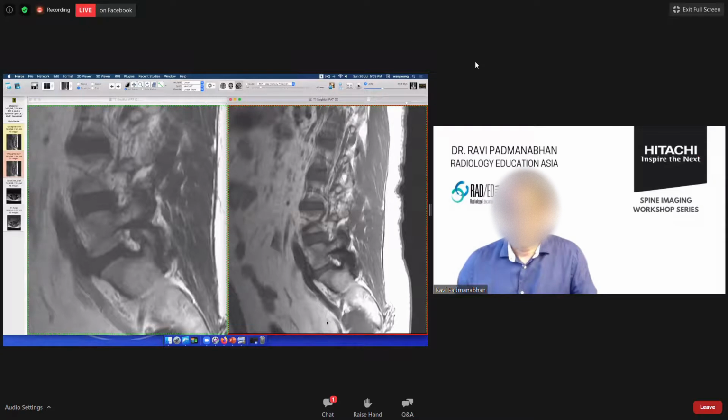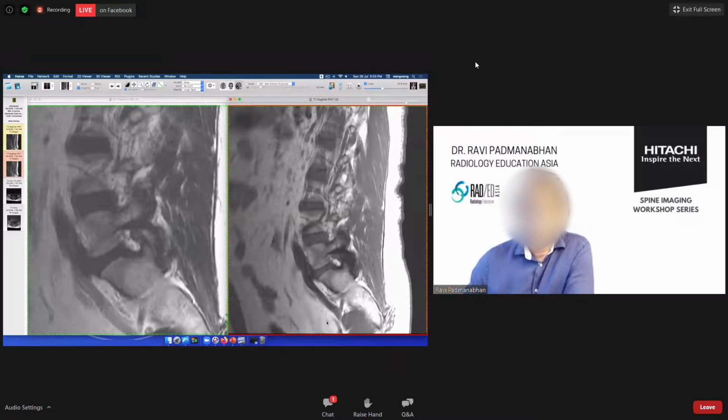Okay, so let's look at this one. Here this patient has got facet cysts. This is a T2. This is a T2 fat set.